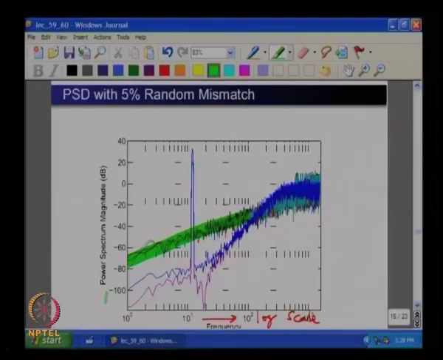And when there is mismatch, you see that the residual is also going at 20 dB per decade, and this makes sense, right, okay.